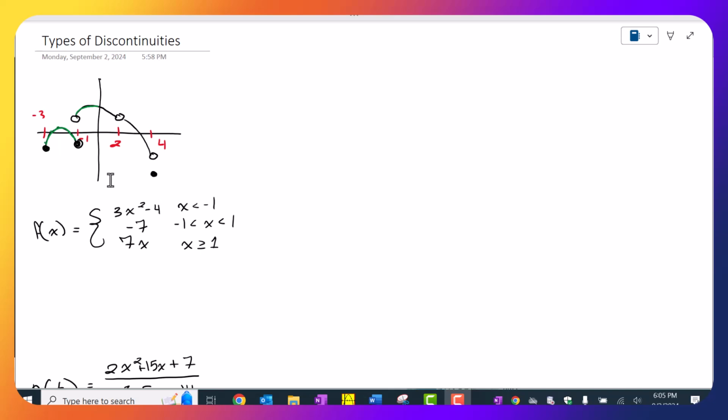That's still a discontinuity. Okay. So since I can't just fill a hole in, we have a non-removable discontinuity at x equals -1.